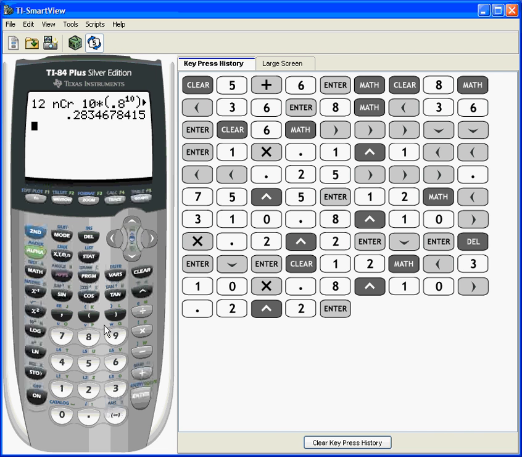Your calculator will actually calculate binomial probabilities for you without even typing in this whole formula here. So actually, let's go back to the problem we just did, n equals 12, x equals 10, and p equals 0.8.